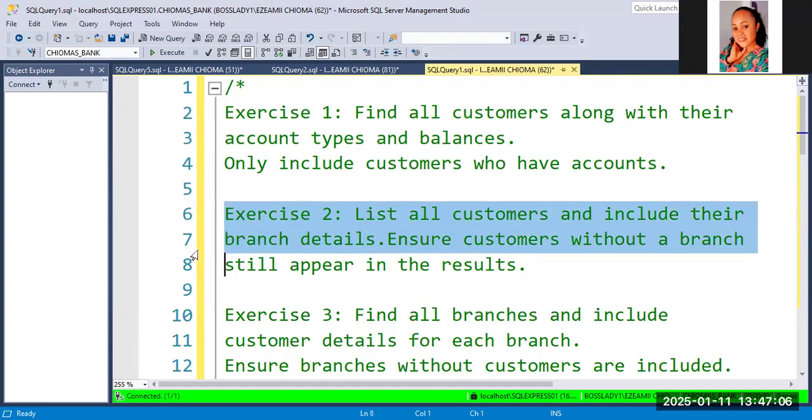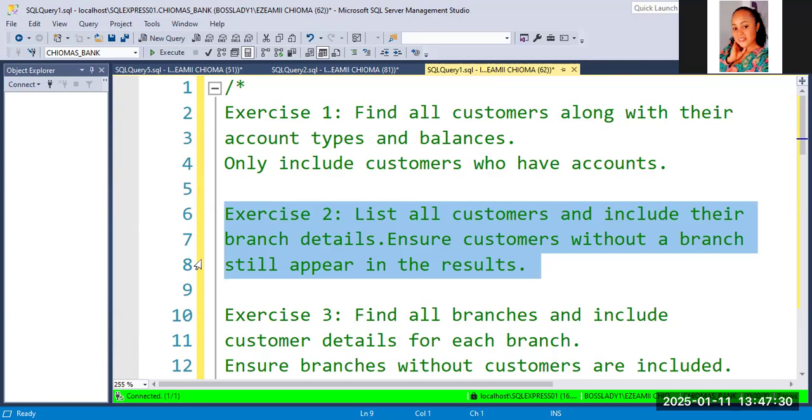So then the number two question says, list all customers and include their branch details. Ensure customers without a branch still appear in the result. So we're going to list all our customers and include their branch details. What this means is that we need our customers table and our branch table, right?